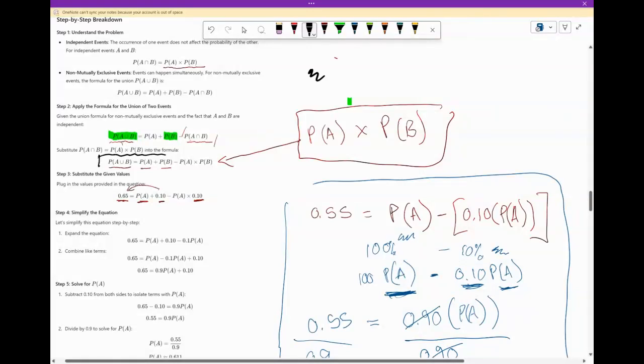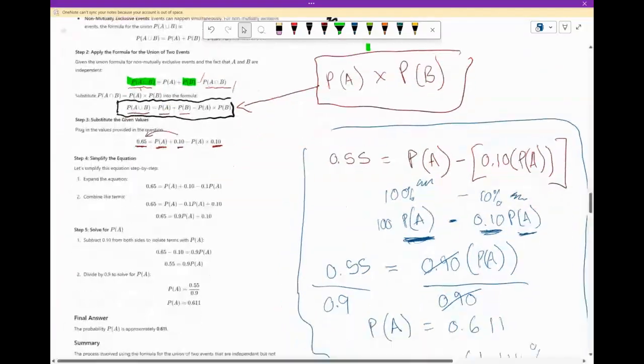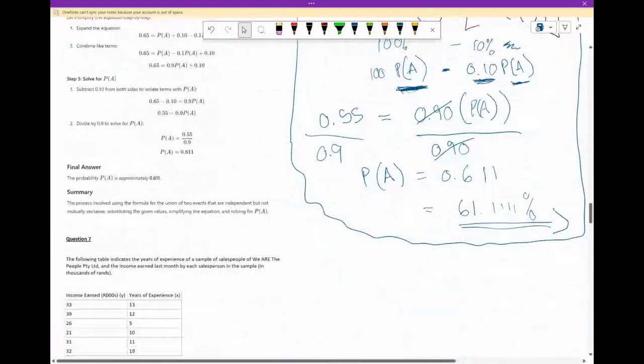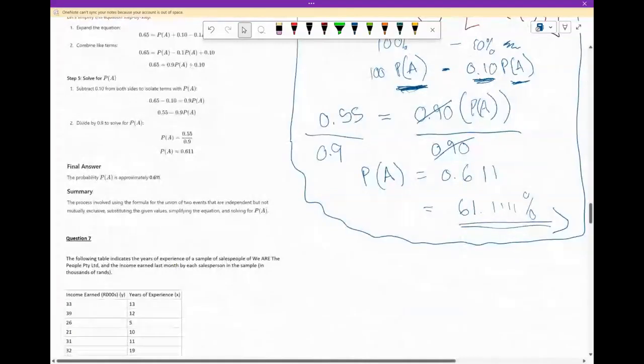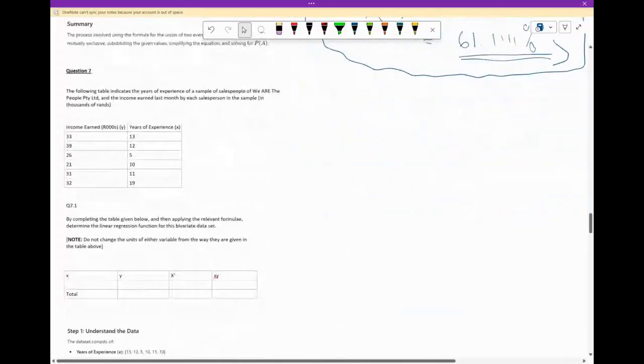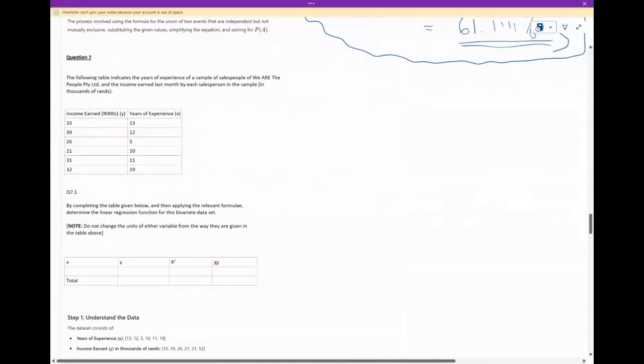Because once you have the formula, all you need to do is substitution and then isolate for whichever probability you're looking for. Makes sense? And like I said, you'll see now when we do question 1 from the other past paper, you'll see that it's there. So I'm sure it's also there in the exam for 2023. So we're happy with that.